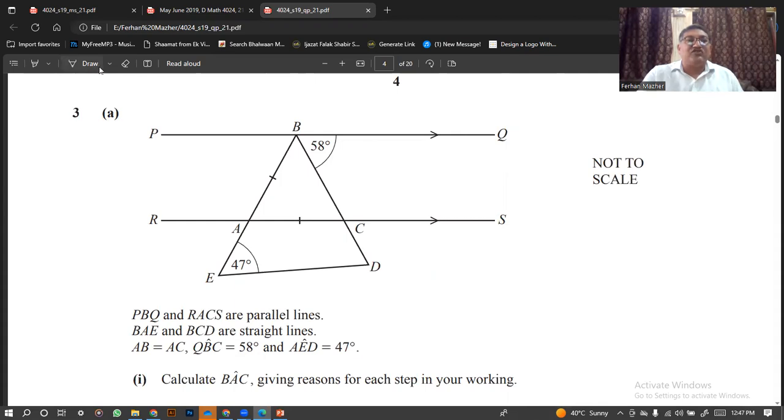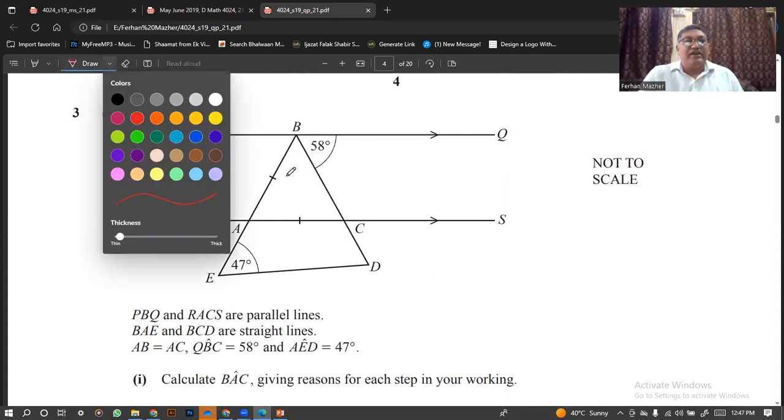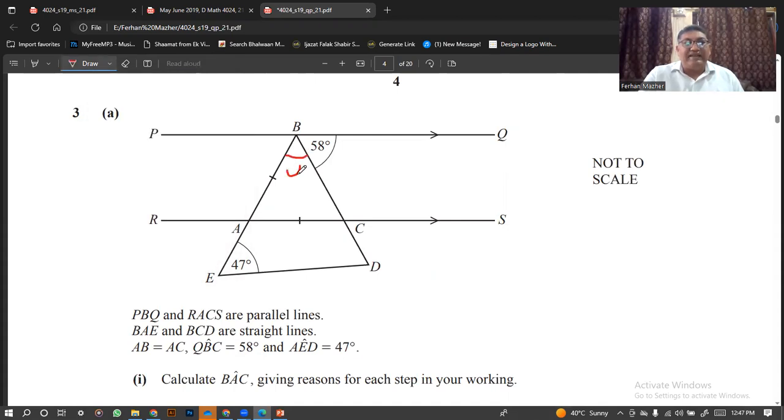So it's an isosceles triangle. So this angle, let me call this alpha, and this angle will also be alpha in this isosceles triangle, because these two sides are equal, so these two angles will also be equal to each other. We call them the base angles of our isosceles triangle.